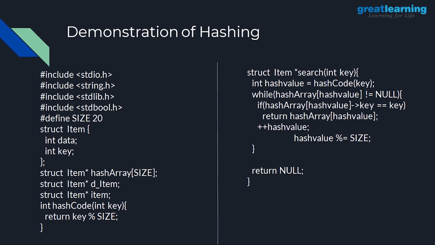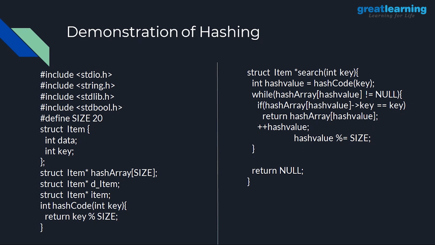So that's why we are having two elements in this, data and key. Then also we have to define a hash array size, right? This size is the operator that we are using, right? That every time when I said modulus by 10, modulus by 20, so this size represents that thing. Okay, then we are also using a dummy item wherein I will show you where to use this dummy item.